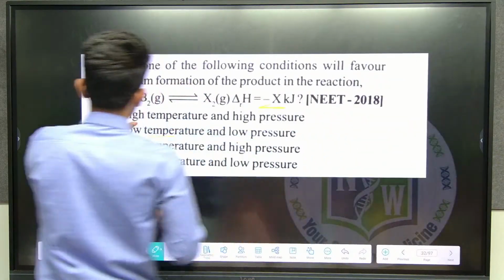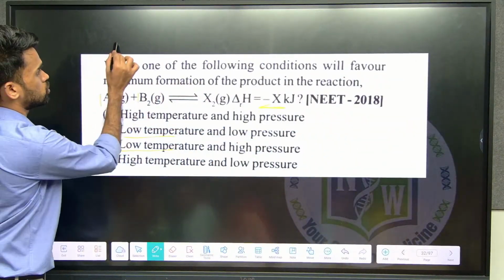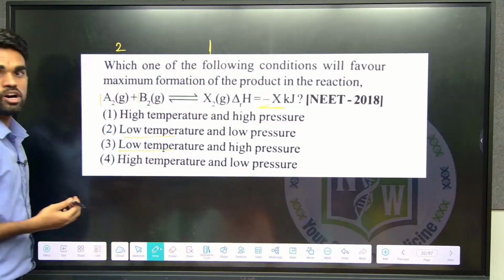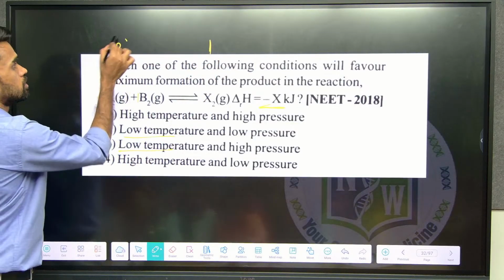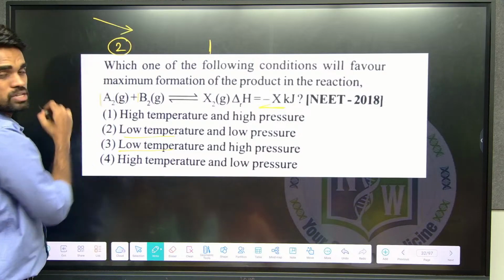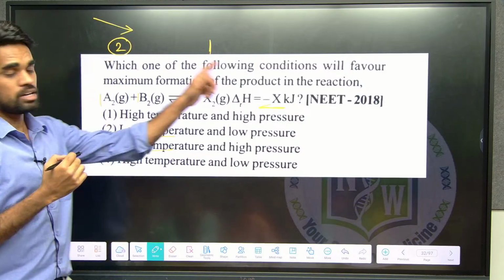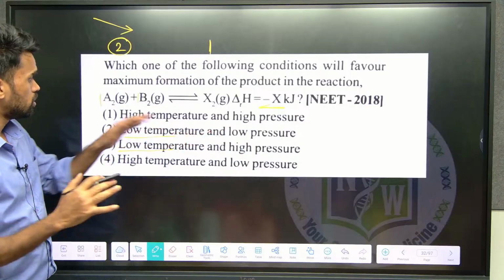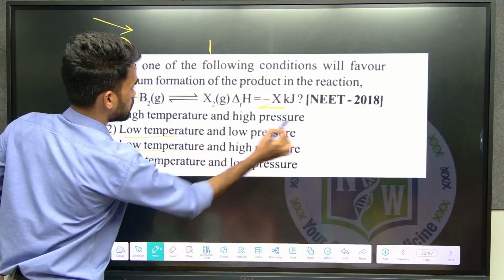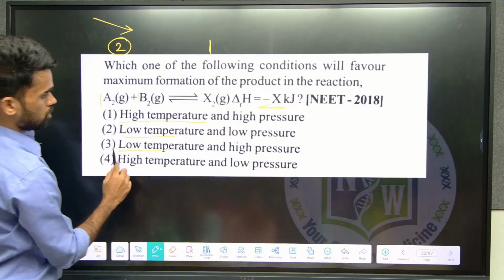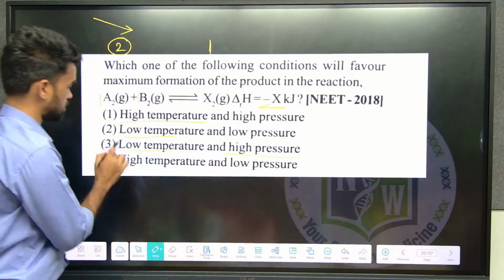How many gaseous products and reactants are there? 1 and 1, so 2. This side 1. So where do we have more number of moles? So if I increase the pressure, what happens? That's it. So high pressure, low temperature. This is the perfect one.